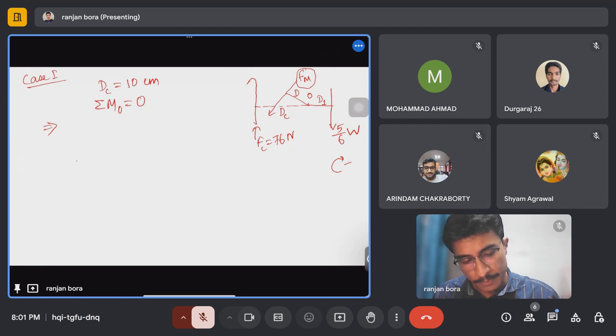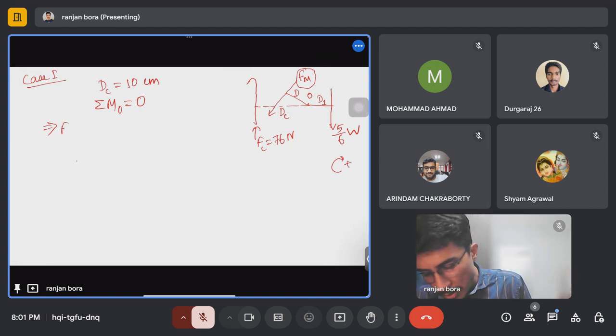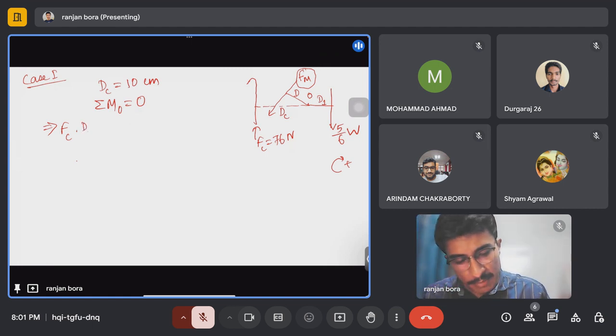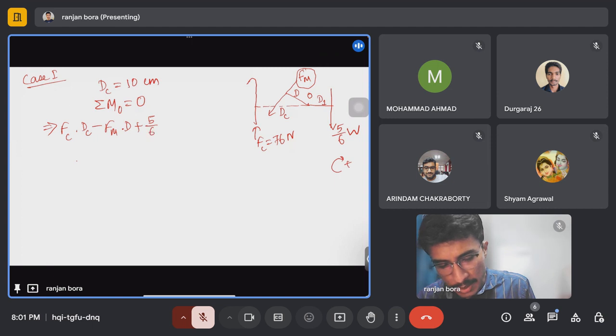This is Fc dot dc, and Fm with respect to point O is giving an anti-clockwise moment, so minus Fm dot d, and this 5 by 6 W with respect to point O is giving a clockwise moment, plus 5 by 6 W d1.